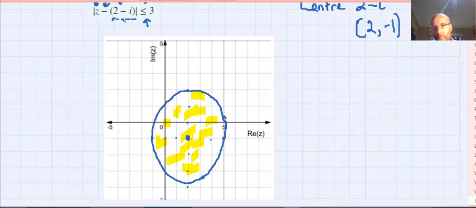And the locus condition says everything has to be at most equal to 3 or less than, as far as its distance away from the center. Okay, so that's what's shaded inside, not outside.